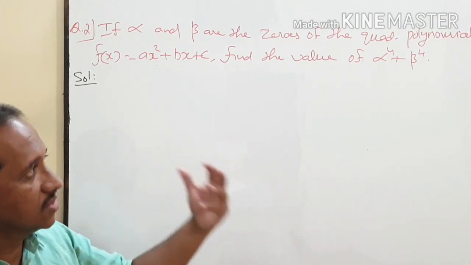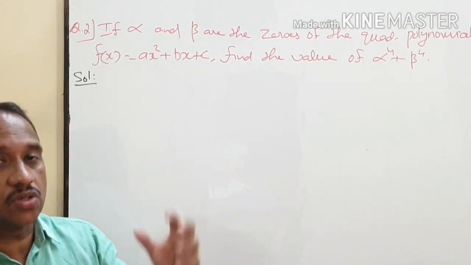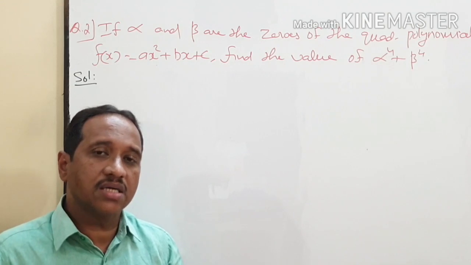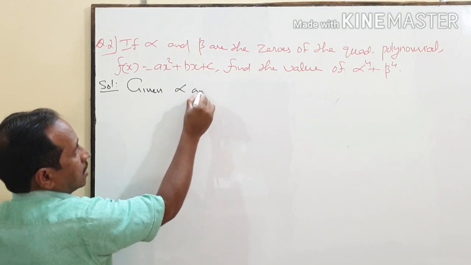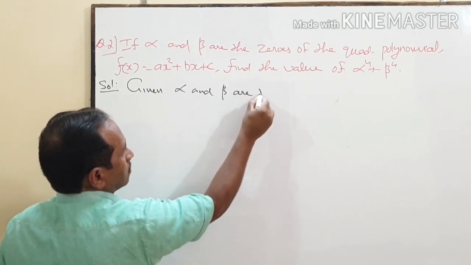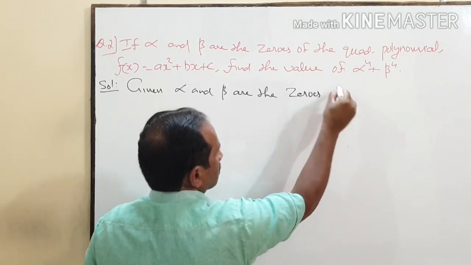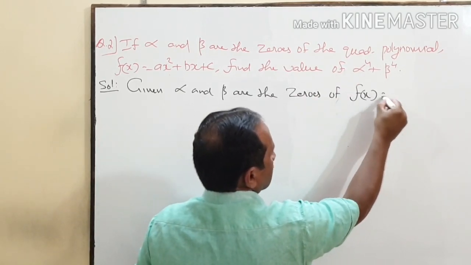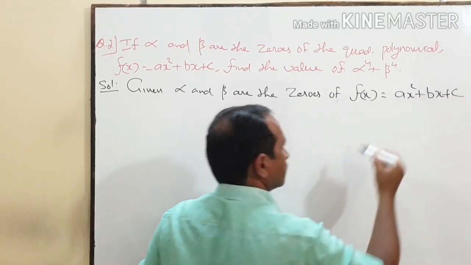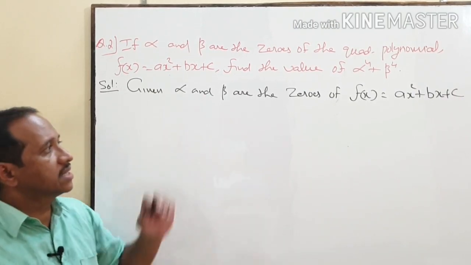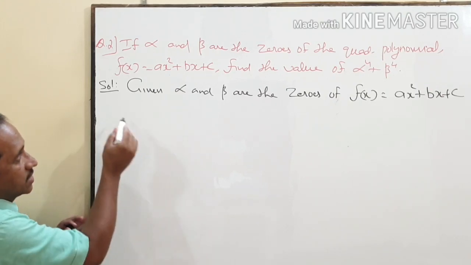And now we will convert the expression alpha raised to 4 plus beta raised to 4 in terms of alpha plus beta and alpha into beta. Given alpha and beta are the zeros of polynomial f of x is equal to ax square plus bx plus c.